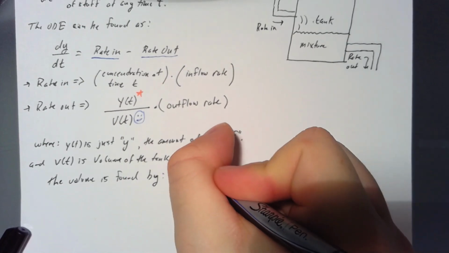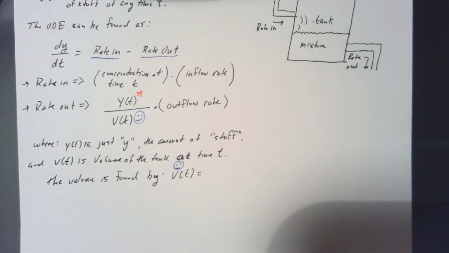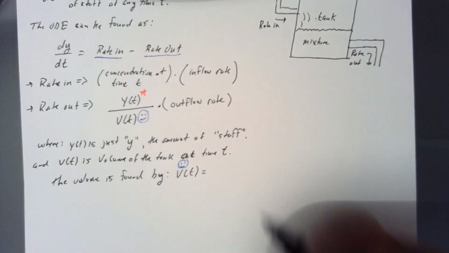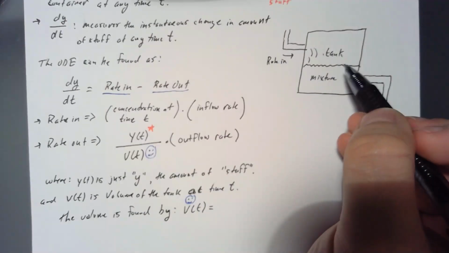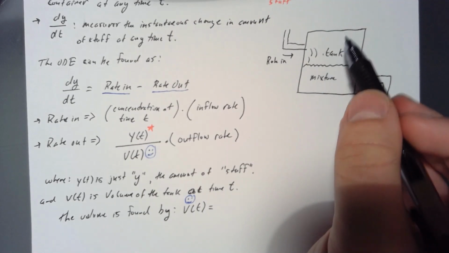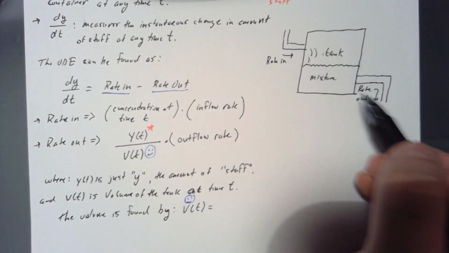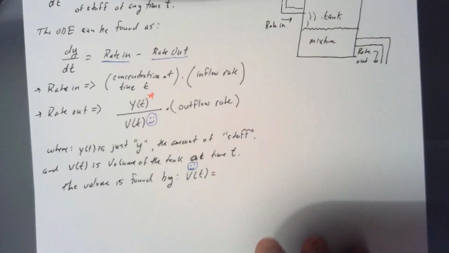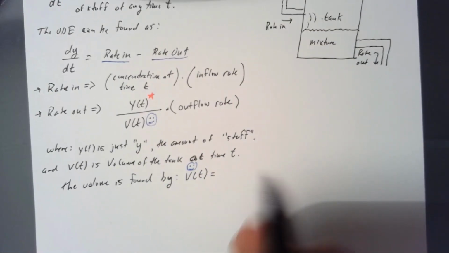So how do we find smiley face? Well, the volume is going to fluctuate, right? As stuff comes in and stuff leaves, the volume is going to either go up or go down depending on how fast it's coming in and how fast it's leaving.